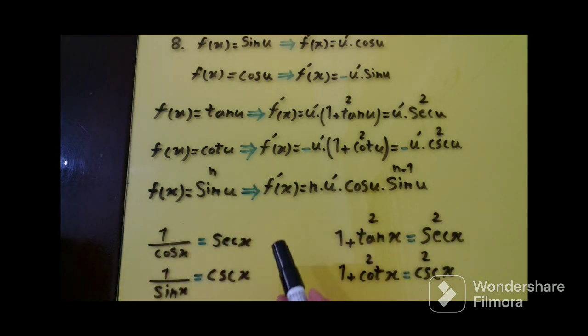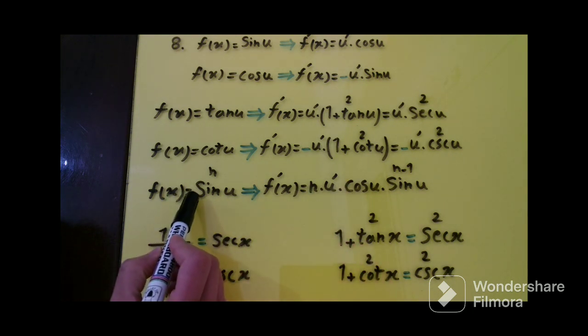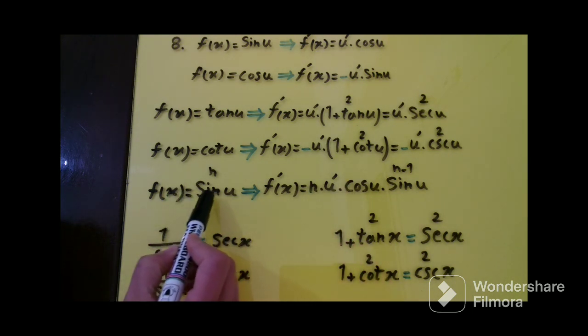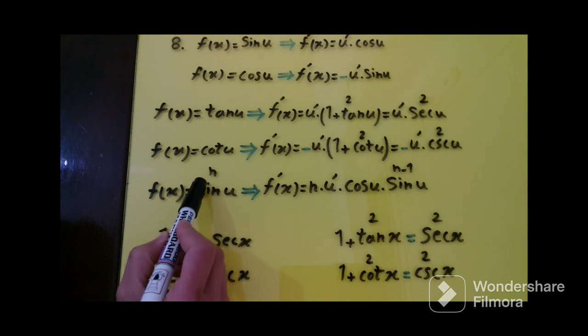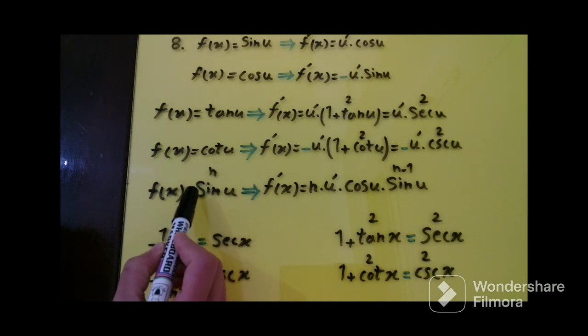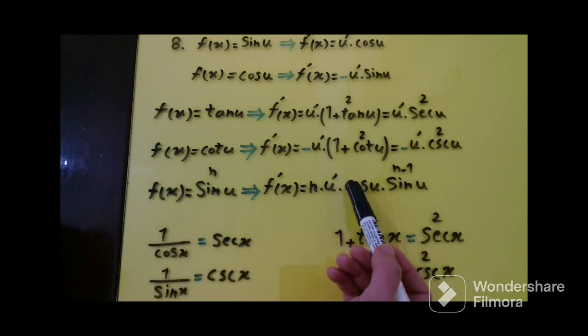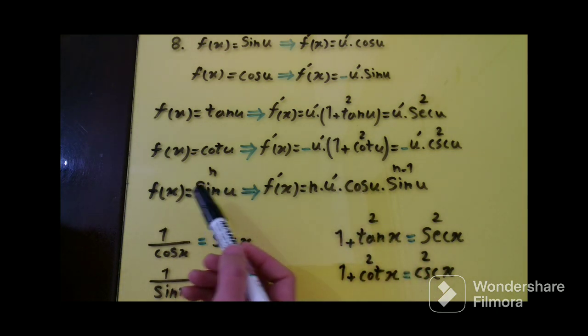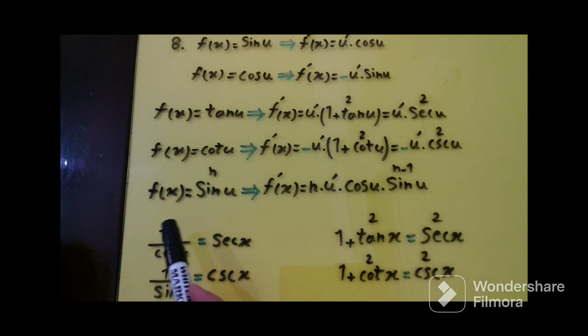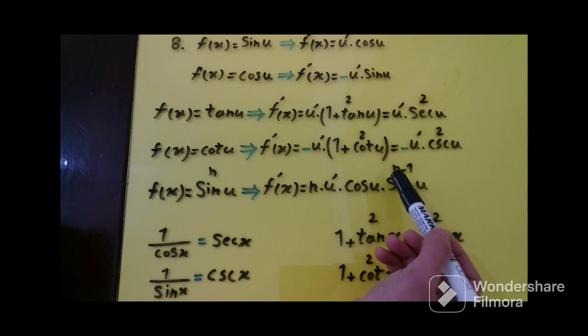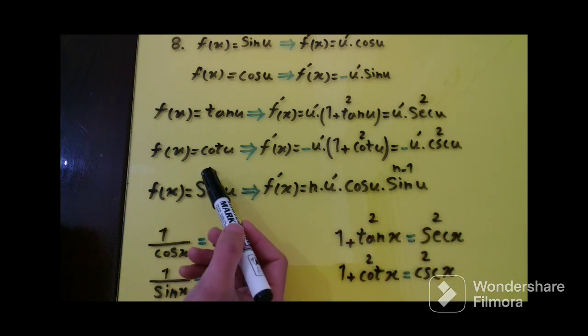It's u prime times the derivative of this term. For example, here it's sine. The derivative of sine is cosine times, in the end, you should reduce the power by 1.